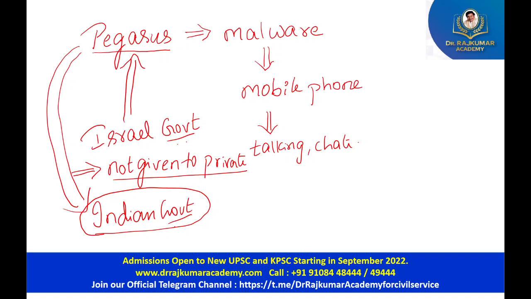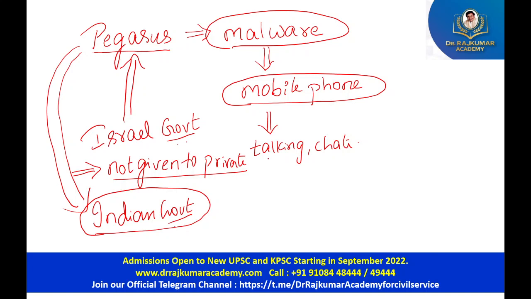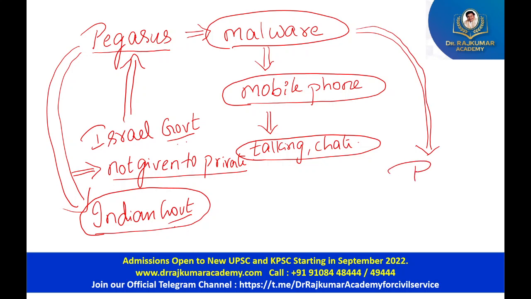And if anything is given to government, and if that malware is used to tap mobile phones, their talks, their chats, everything, then please understand, whom did they look at? Rahul Gandhi.